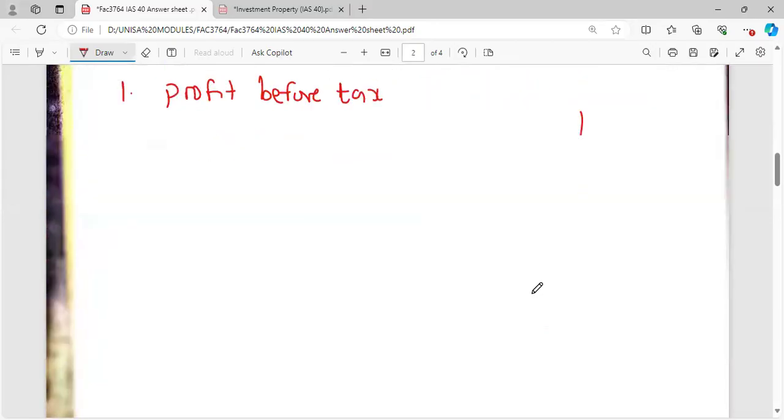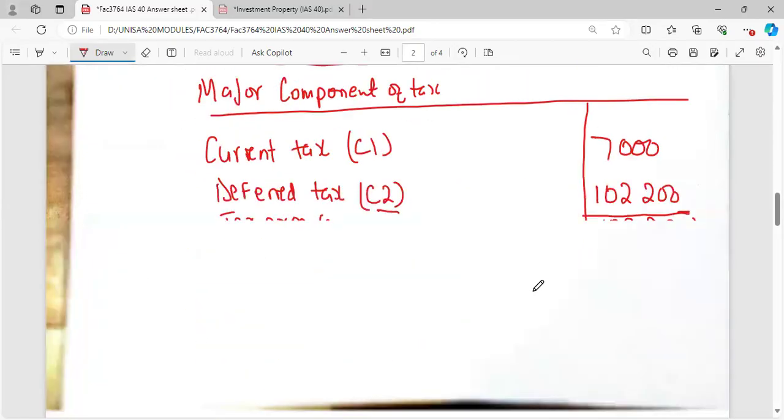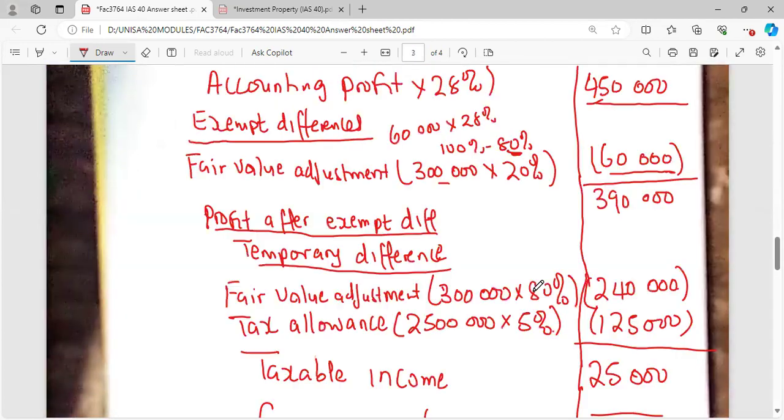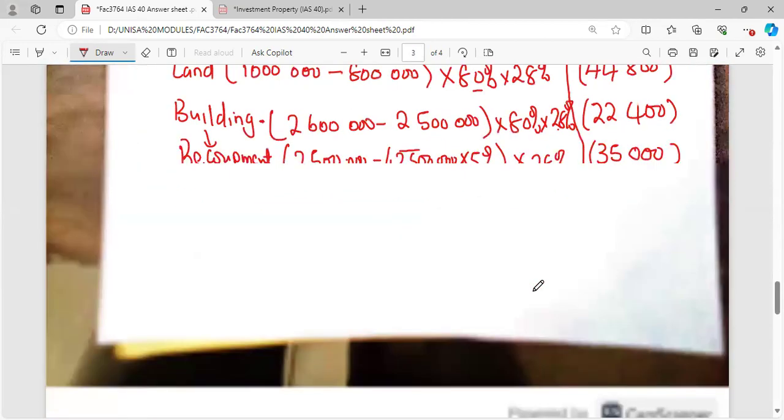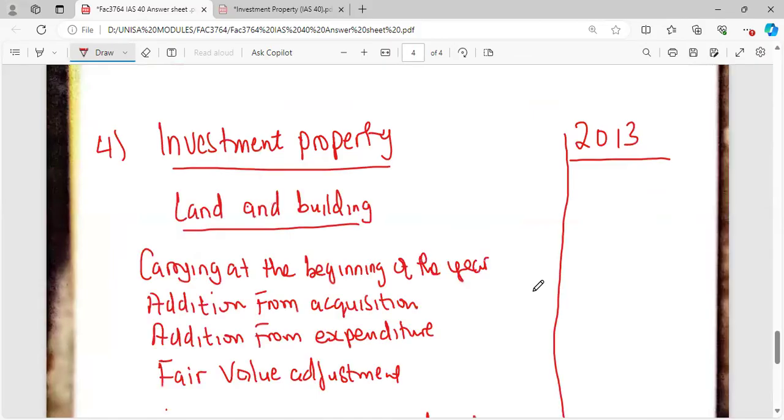So that's another key area. You will lose a mark if you come here and say the carrying amount at the beginning of the year, if you have a figure here.